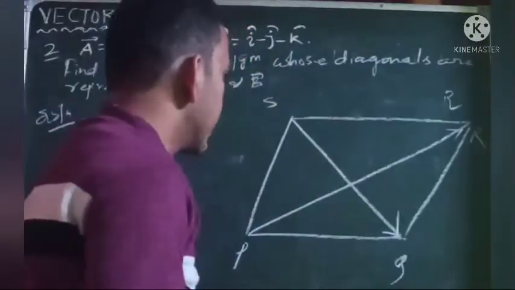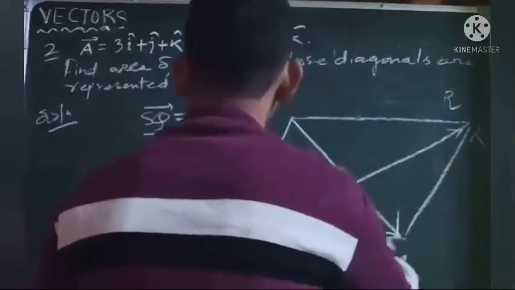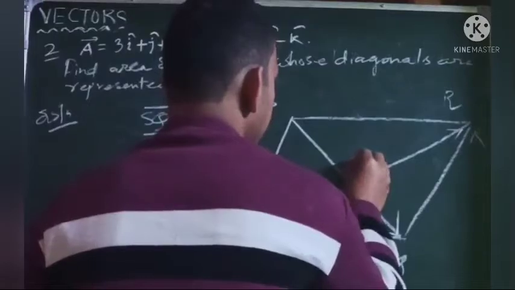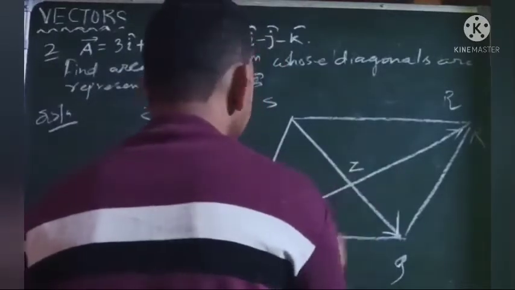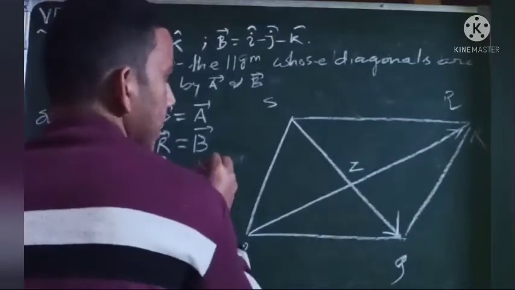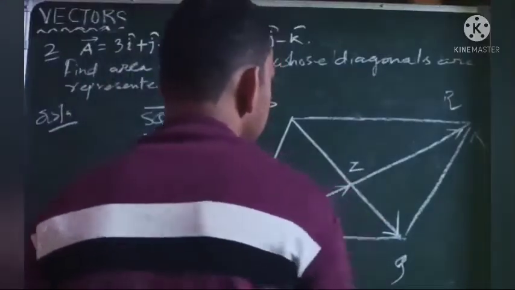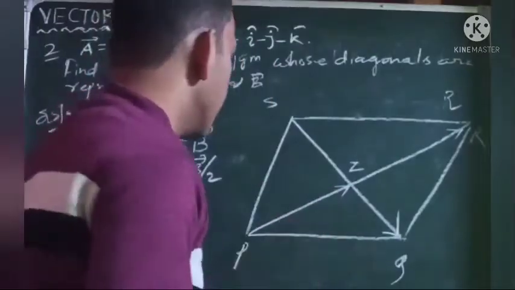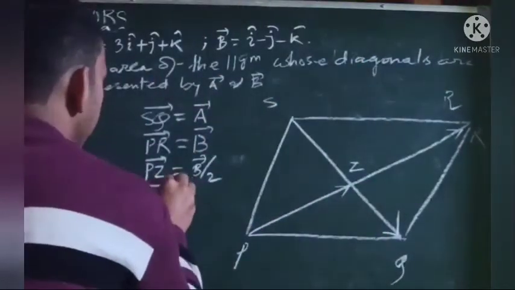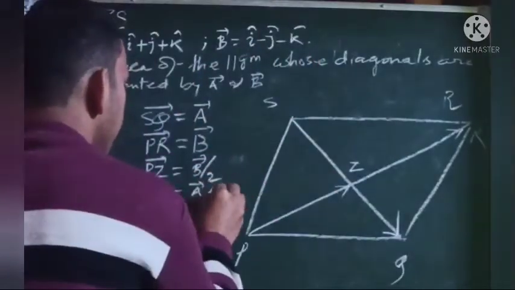Let us calculate PQ vector first. This PR vector is b vector, therefore this portion, suppose this point is Z, so PZ vector is going to be b vector upon 2. And ZQ vector is going to be a vector upon 2.